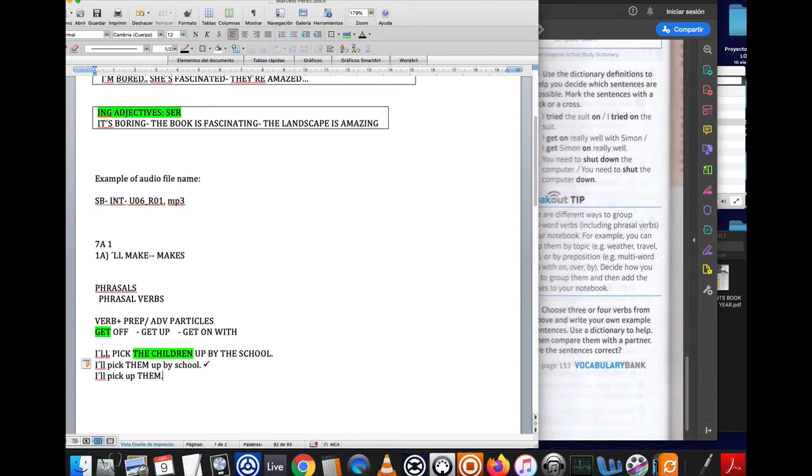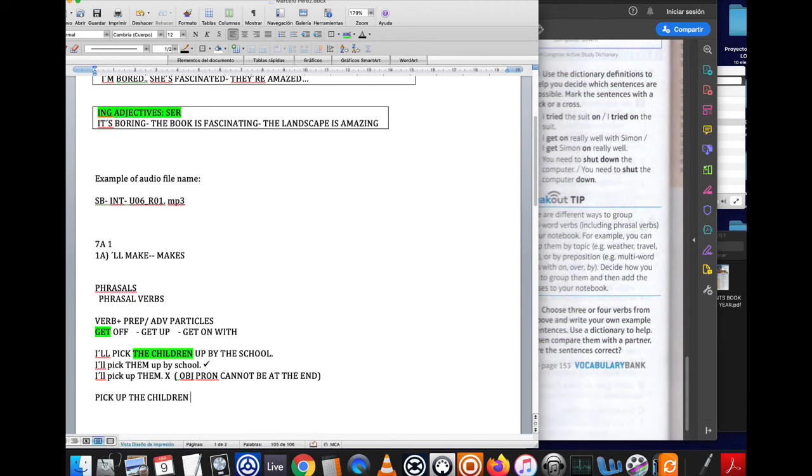This is wrong. Because I cannot use the object them. Si yo uso them, it, us, they, her, ¿sí? Object pronouns cannot be at the end. But I can say I pick up the children. Yes. Pick up the children.